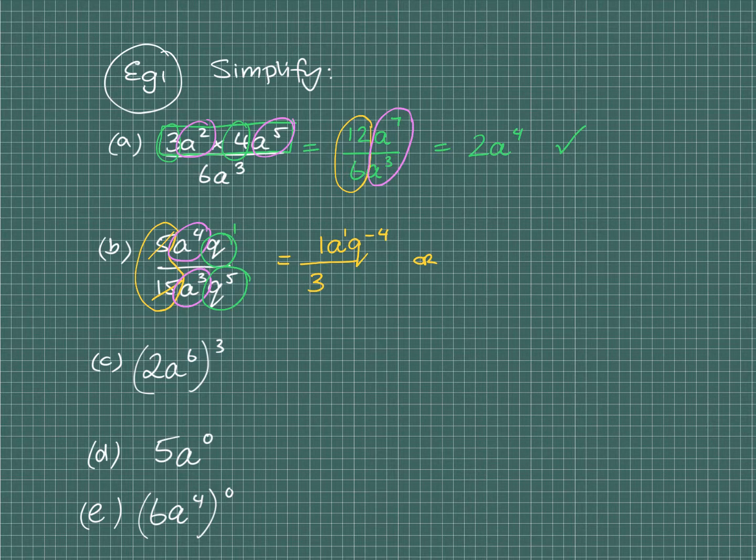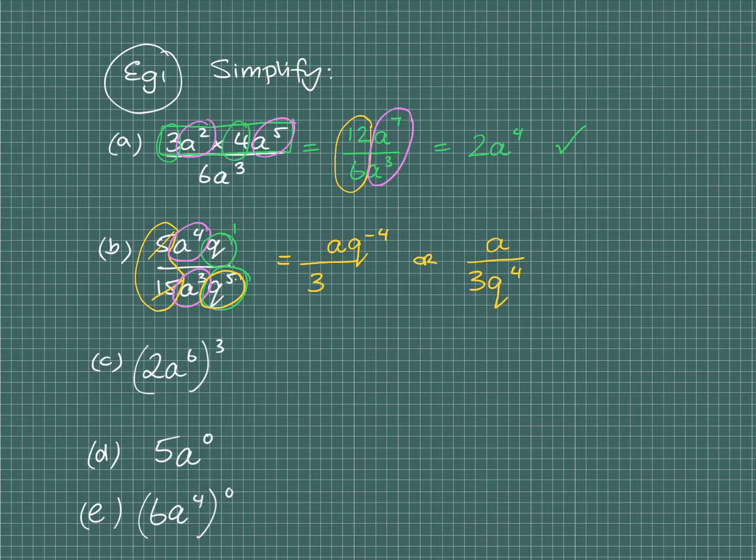Or what we could do is write 1 over q to the 4. We can start on the bottom and say 5 take away 1 is 4. And because I started on the bottom, we can put 4 there. Again, I don't have to even put the 1 there and the 1 there. You can take those off if you wish.